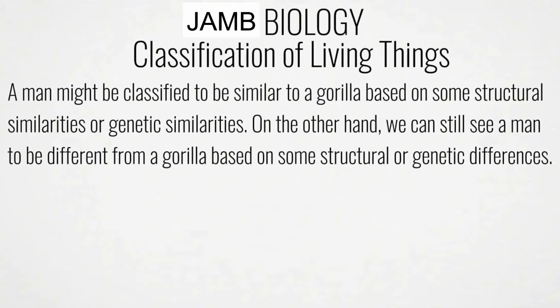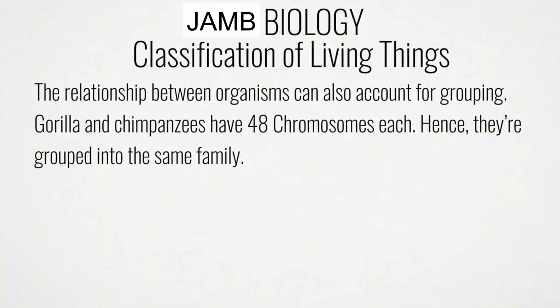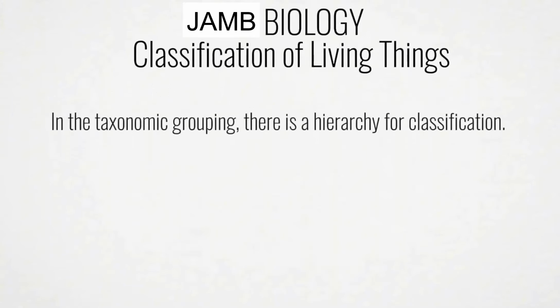On the other hand, we can still see a man to be different from a gorilla based on some structural or genetic differences. So the relationship between organisms can also account for grouping. For example, gorilla and chimpanzee have 48 chromosomes each, hence they are grouped into the same family.